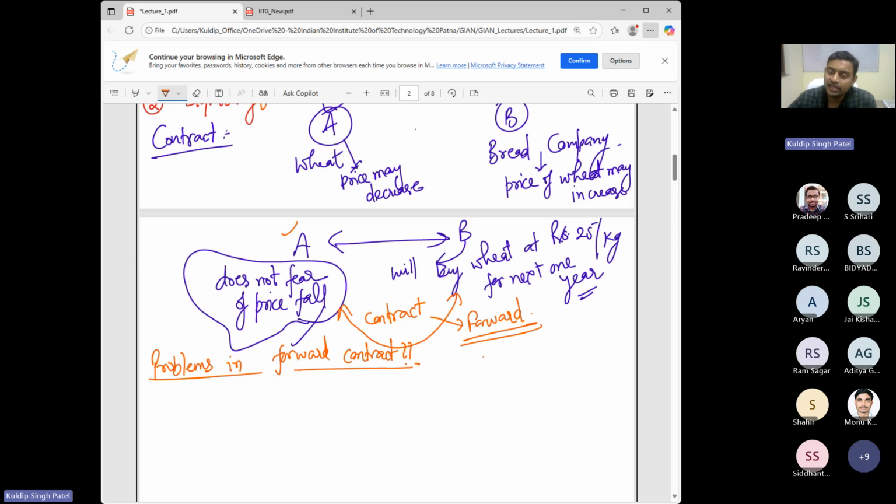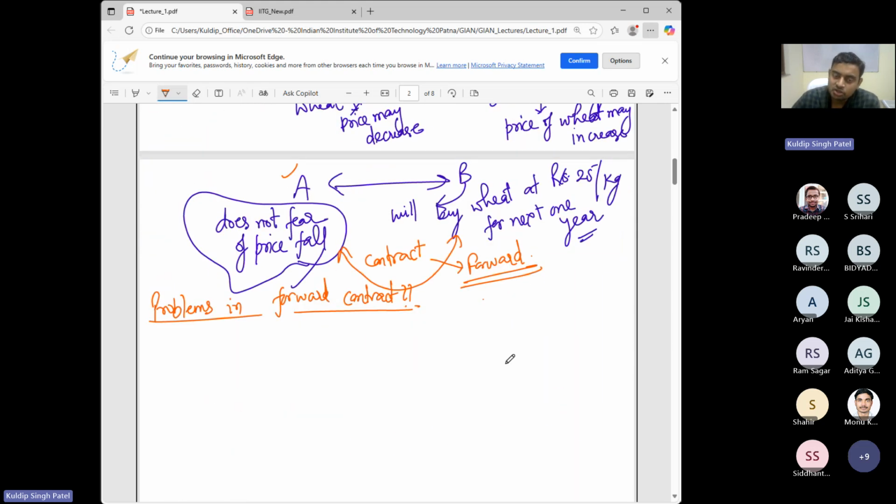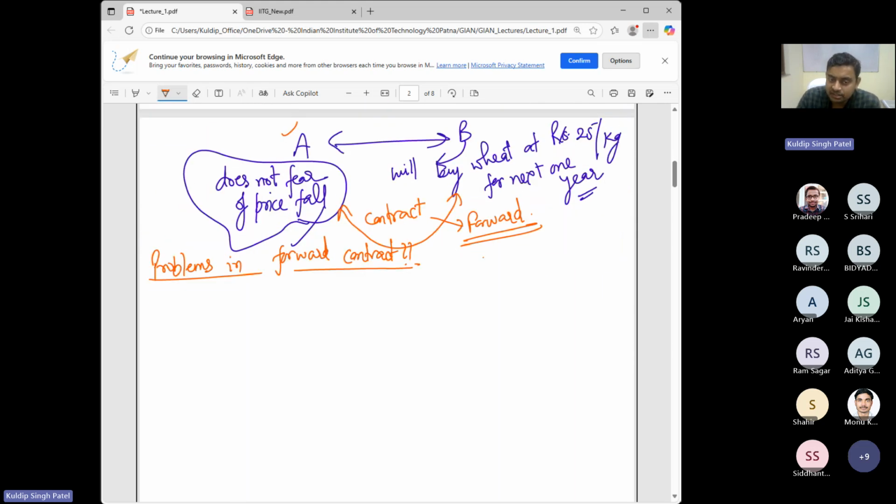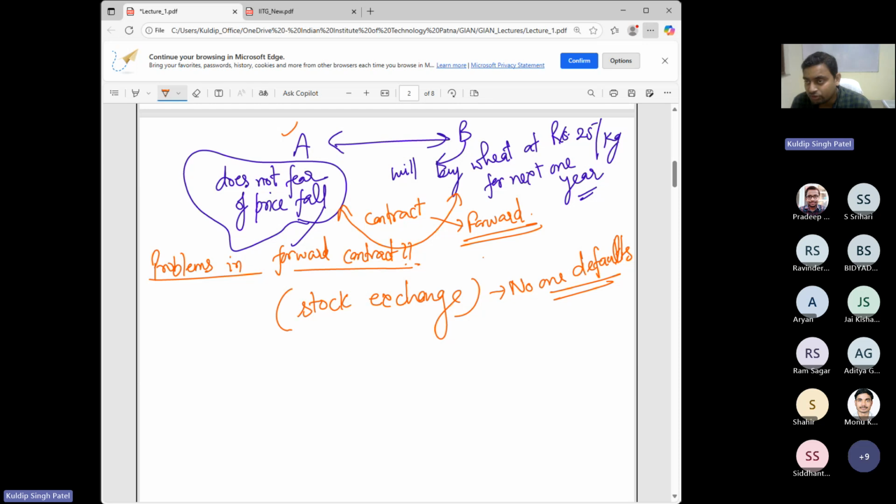How are these problems resolved? Simply, the stock exchange plays a crucial role so that no one defaults. What is the role of the stock exchange in this case? That you cannot default. If you default, you will pay the price.